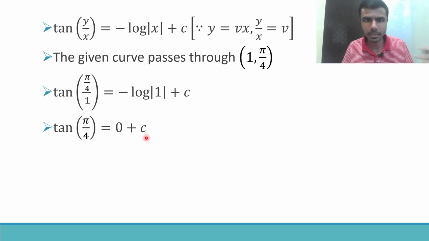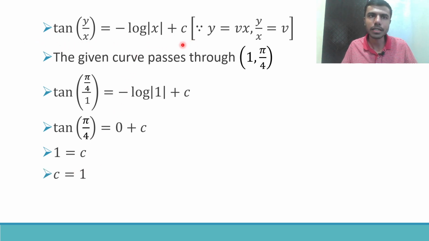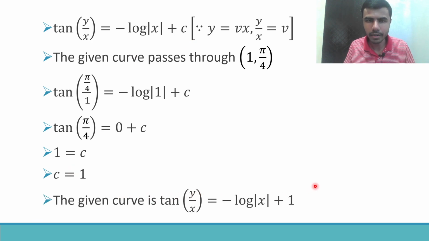So tan pi by 4 is nothing but 0 plus constant. Next, tan pi by 4 is nothing but 1. So 1 equal to c, basically c equal to 1. So in this equation just put c as 1. So the given curve is tan of y by x is equal to minus log mod x plus 1.